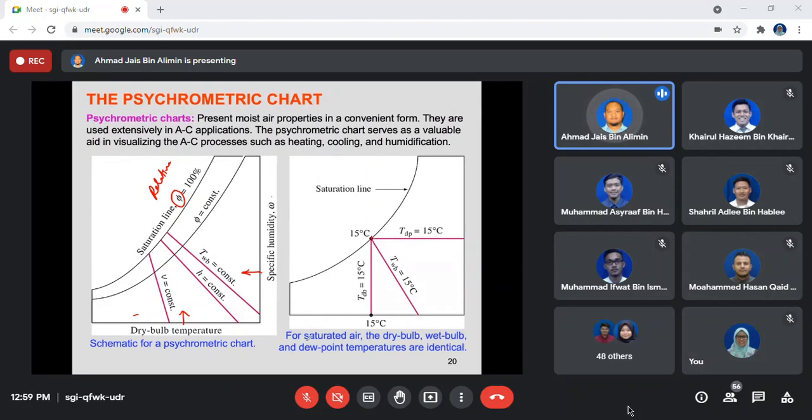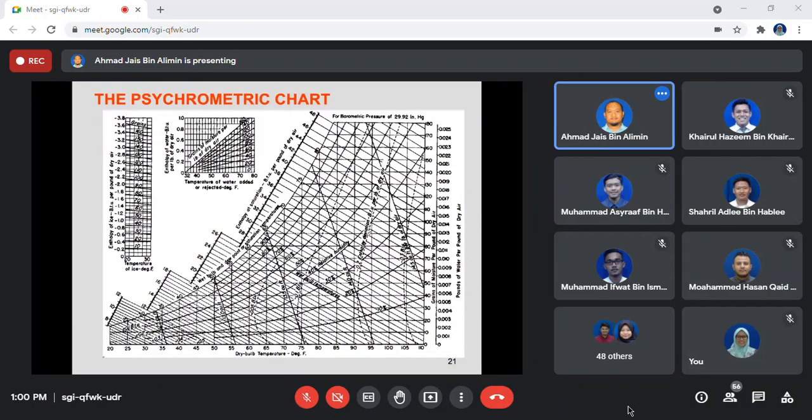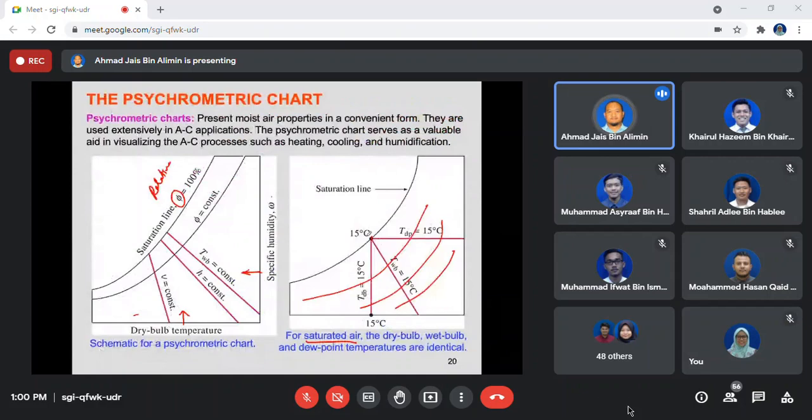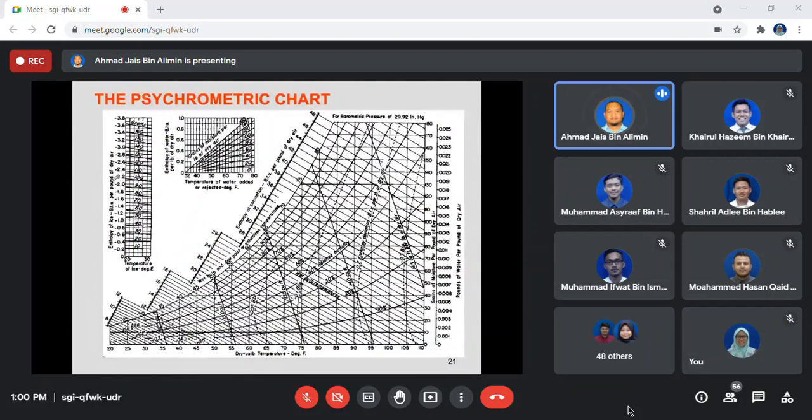If the condition is what we call saturated air, so we reach here. Then we call it the saturation line. Then we can see that all the three temperatures are identical. Okay, I've shown you this before. So you use this to read this.